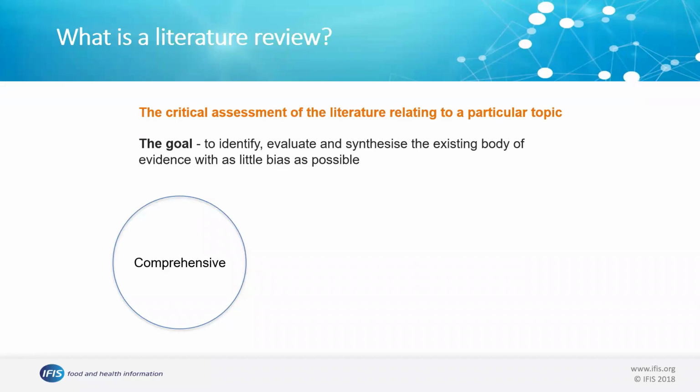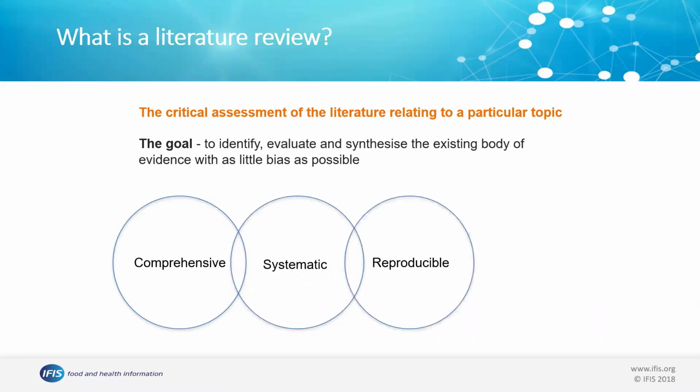If we think about the characteristics that we want to characterize our review, we want it to be comprehensive. It should be systematic and reproducible. This might be reproducible because you're publishing your search strategies, or more likely reproducible so that you can reproduce it yourself towards the end of doing the literature review, or if anybody questions how you got the results that you did, it's easy to display and talk about them.